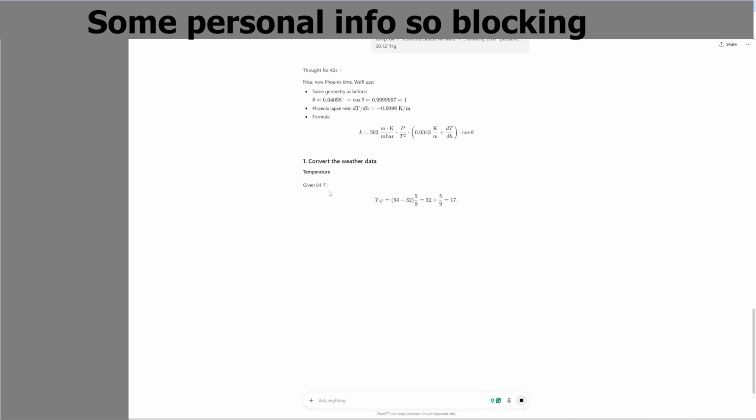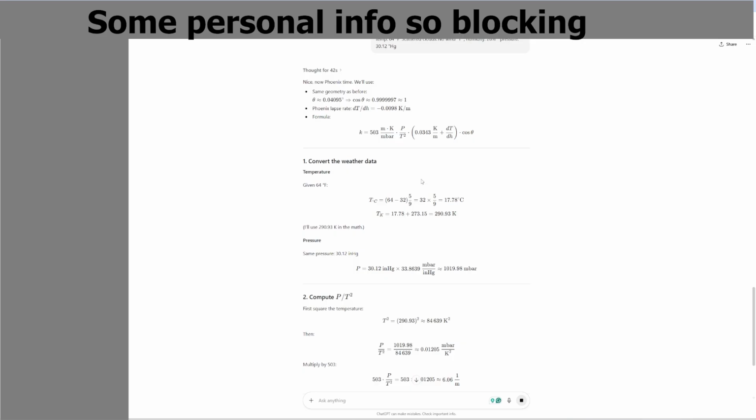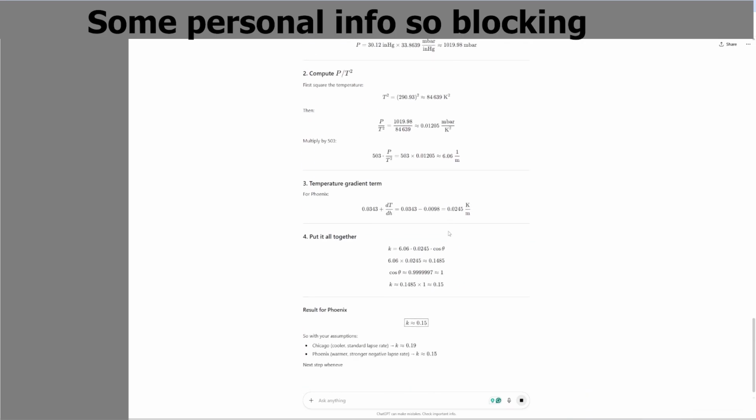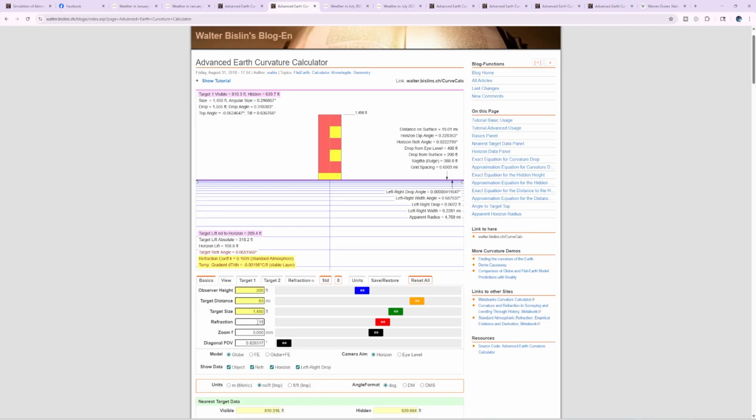And while this is calculating, the reason I use the Joshua Nowicki observation is because flat earthers use it, and I kept it consistent, saying, what if we could make this same observation in Phoenix with Phoenix climate, like we had a flat somewhere. We're a mountainous region, but what if we had a very flat section? Okay, so Phoenix, we've got a coefficient of 0.15. Well, let's go here, 0.15.